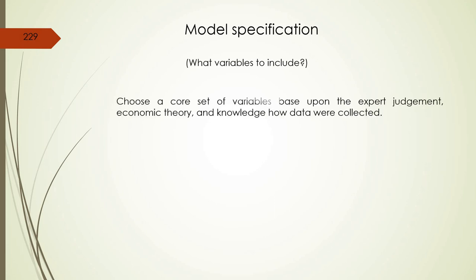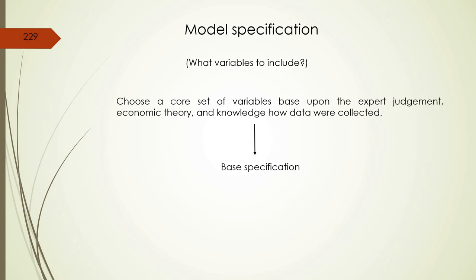Now let's talk a little bit more generally about model specification. How do you define the list of variables that you want to include in your model? Choose a core set of variables based upon expert judgment, economic theory, and knowledge of how data were collected.